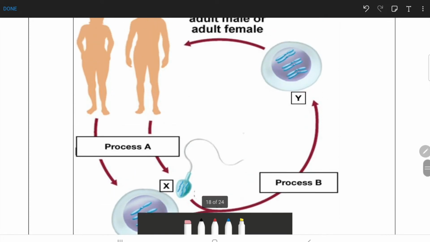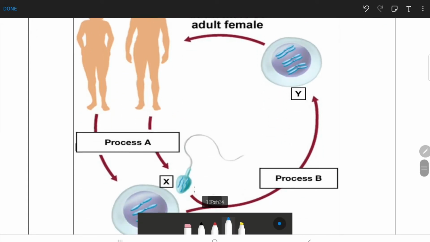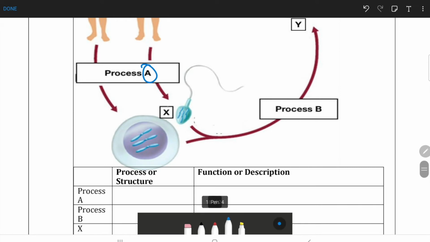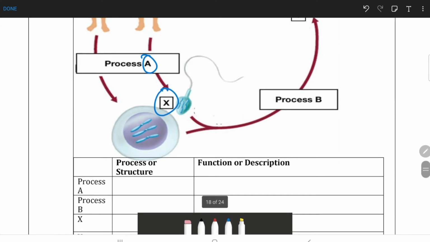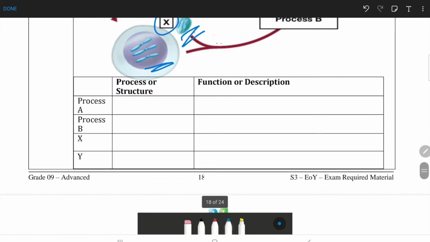First of all, you need to see that this is male and female. Both of these undergo a process A, and then they result in the production of cell X. Now we need to know what cell X is. This shape is very familiar and common, so it means that they are gametes. Let me write in the box directly: cell X, they are gametes.